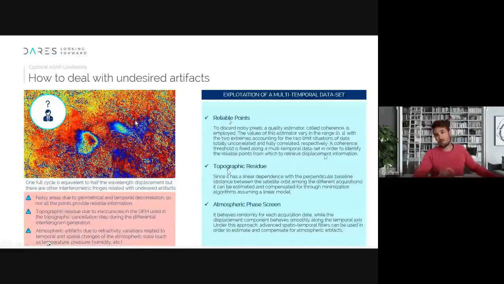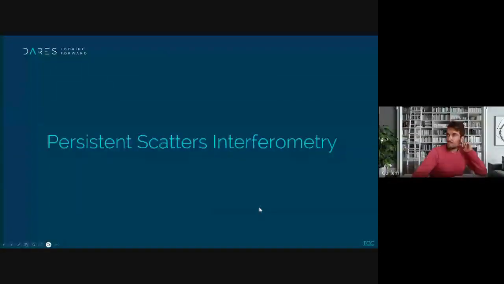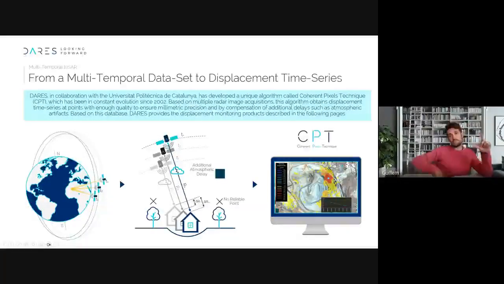We will have topographic residue, which has not been eliminated during the topographic correction. And also we have the atmospheric phase screen that we need to delete. How can we do this? So here is where we talk about persistent scatterer interferometry, in which we are not using just two images, but we are using a bunch of SAR images.